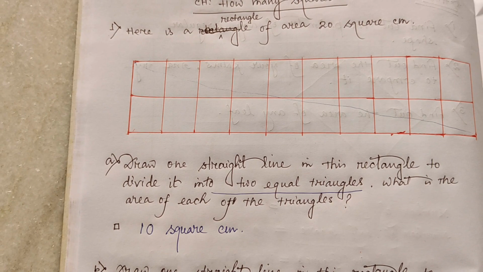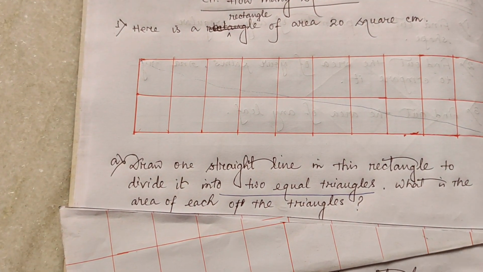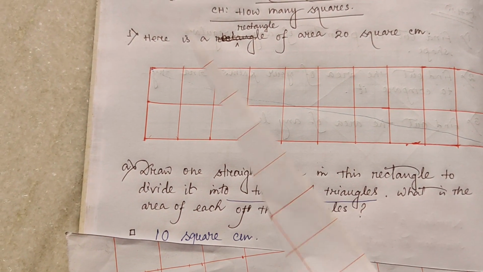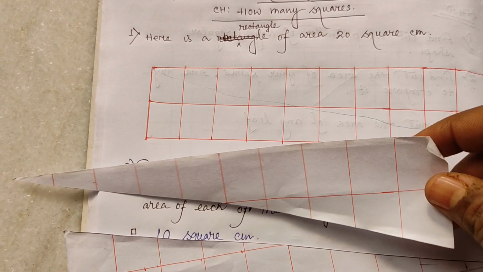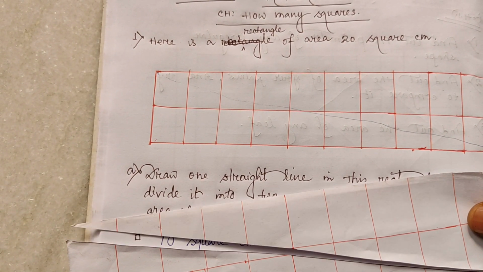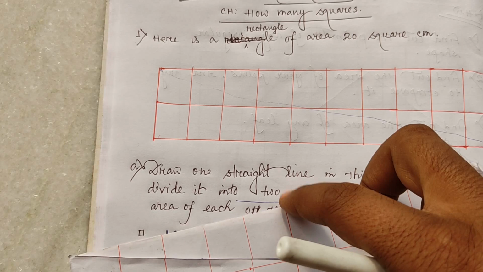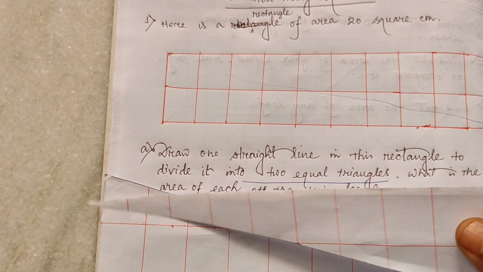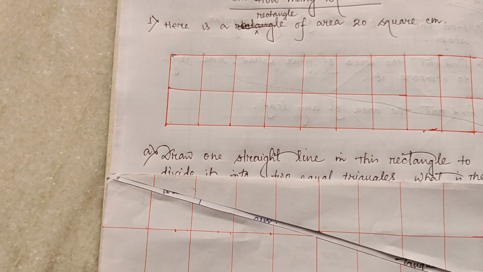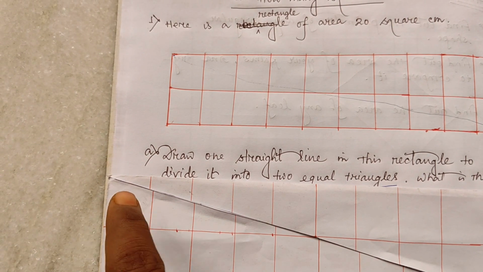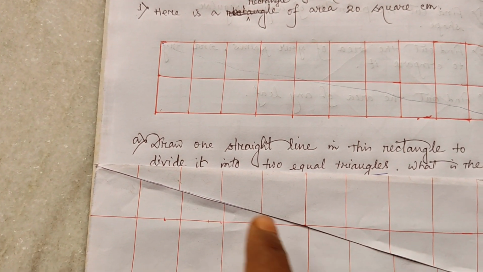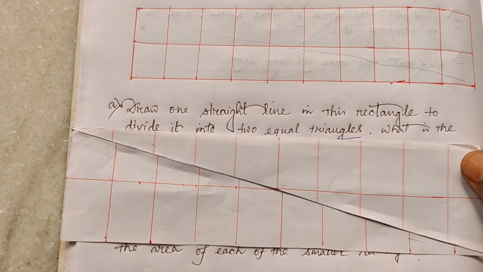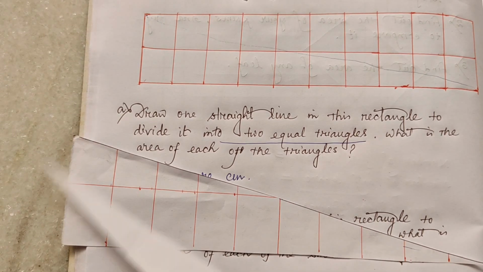So you can see here I have taken one rectangle of area 20 square centimeter, and this rectangle is divided into two equal parts. Here I have drawn a line along its diagonal, and this diagonal divides the rectangle into two equal triangles.